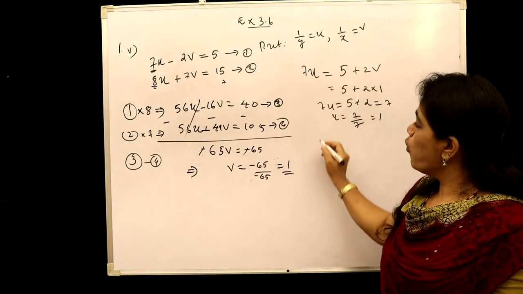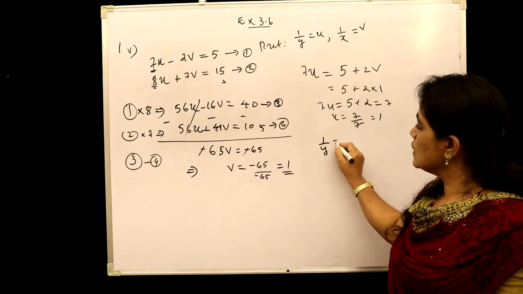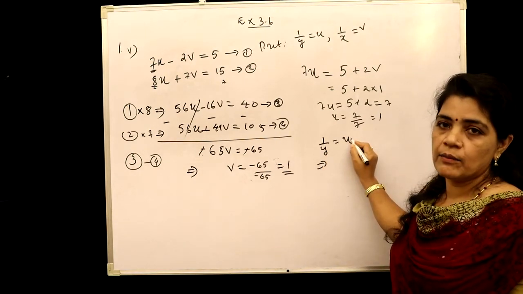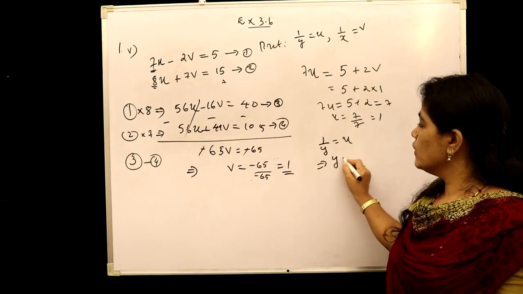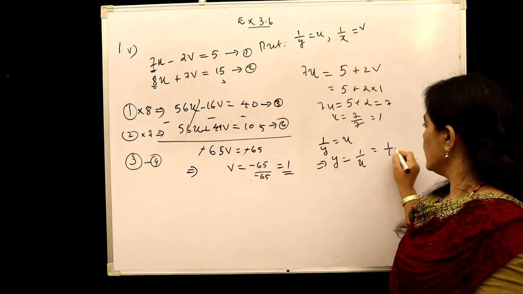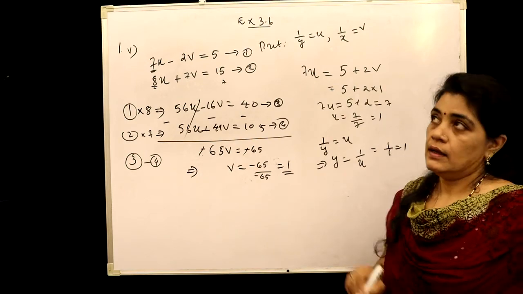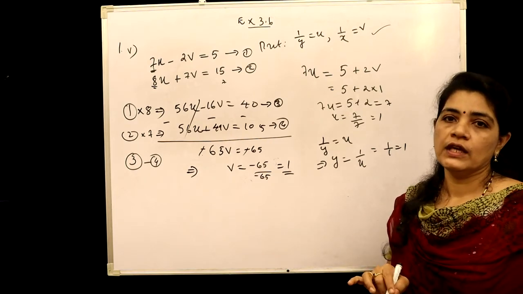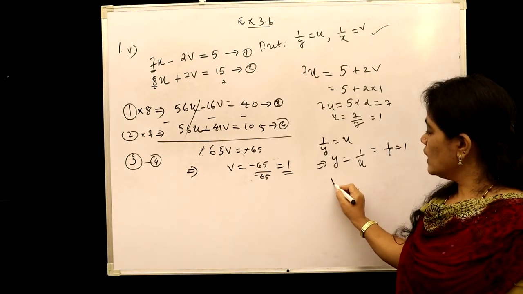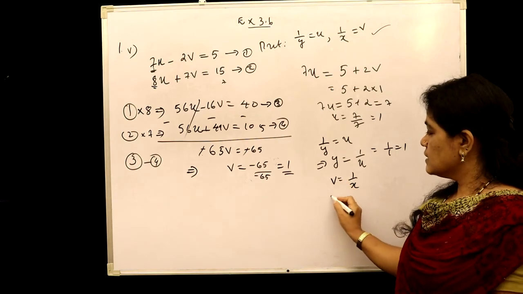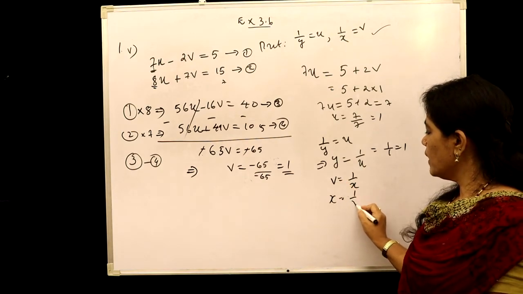We have 1 by y is equal to u, and we need variable y. So y will be 1 by u, that is 1 by 1, that is 1. And also we have 1 by x is equal to v, so x is equal to 1 by v.